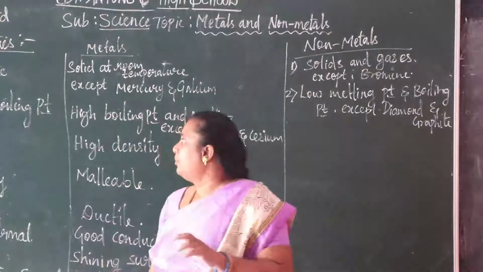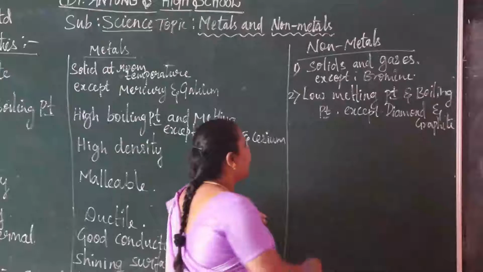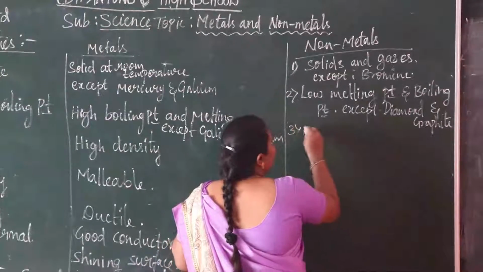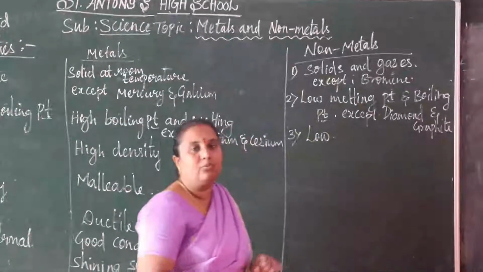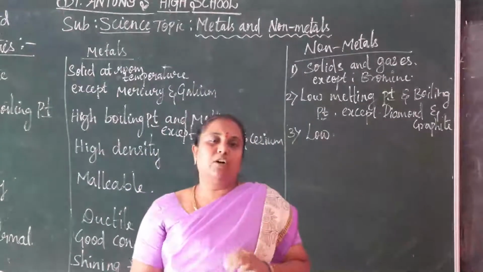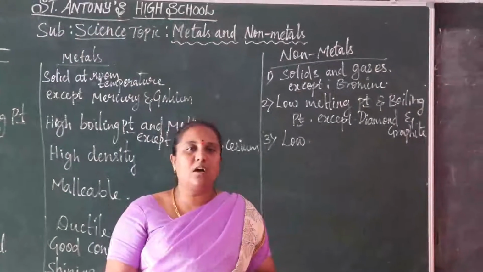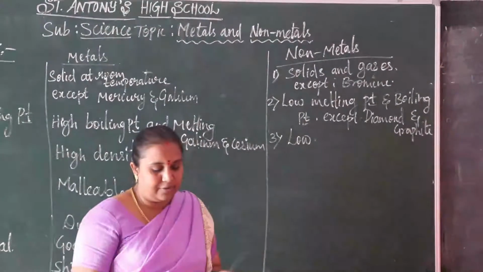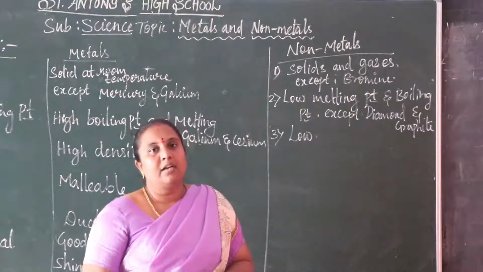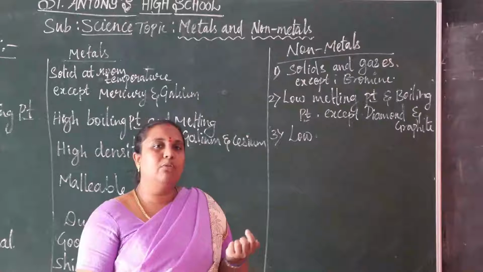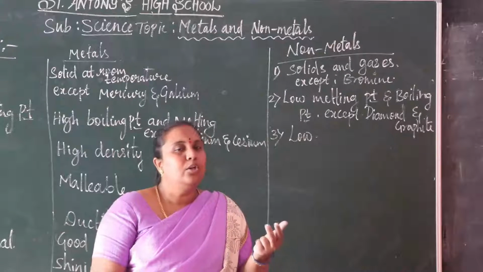And then the third property is density. The density of non-metals is low. You know these are all soft. Non-metals are soft, and soft means the density is also very low. And then malleability of non-metals. Since non-metals are soft, we can't beat them into thin sheets.